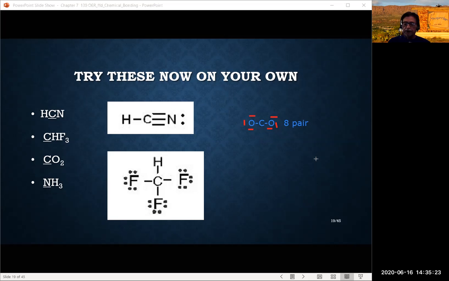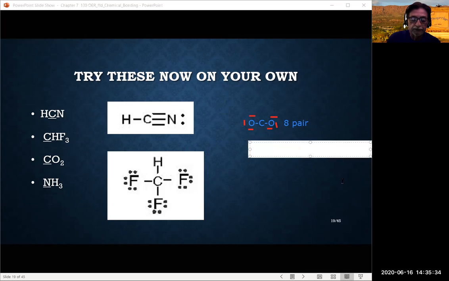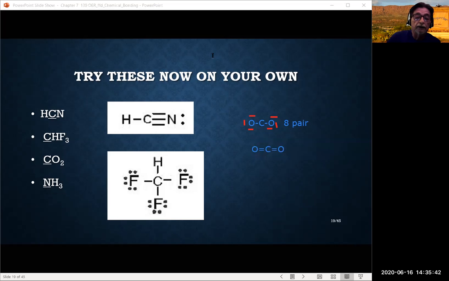So we can take a pair from each of the oxygen, create a double bond, and we end up with a structure like this. Double bond there, carbon, double bond there, and oxygen. Okay? And we got a lone pair there, lone pair there, lone pair there. Do we still have 8 pair?